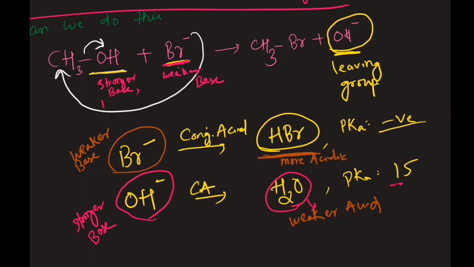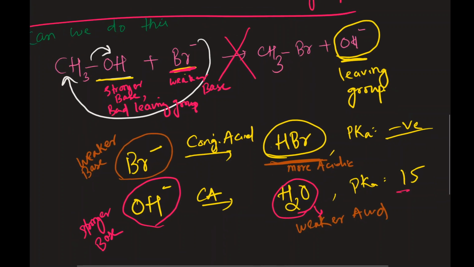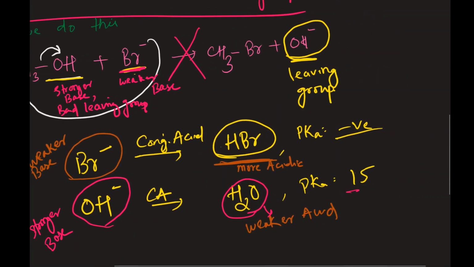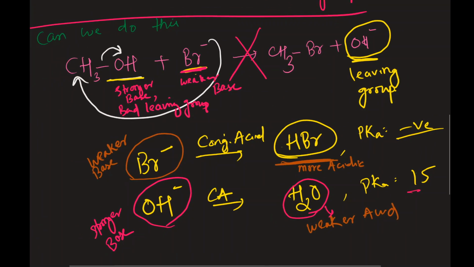If it's a stronger base, then it is a bad leaving group. Based upon this, what should we conclude? That we cannot do this reaction. Can we do this? The answer is no, we cannot do this.